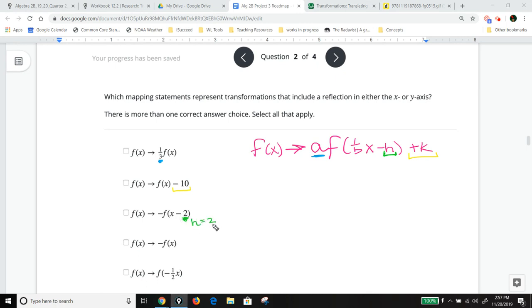The h value is a +2, which does represent that h. And I'm seeing something else here. I'm seeing a multiplier right here. That is a multiplier of a value of -1. So that's also an a. So this has 2 different parameters in it. And then I see another negative right here, which is an a value.